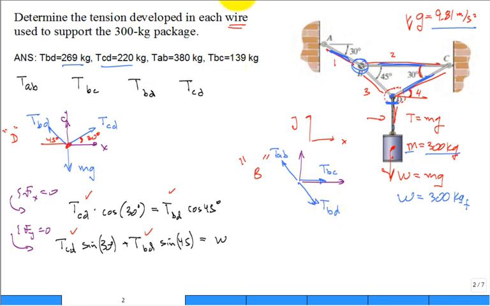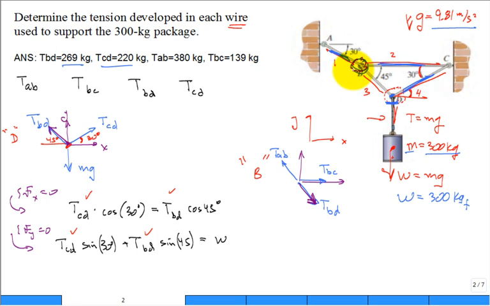Somebody looks at this and says, something's wrong. Because look, you had the tension in B to D, you're showing it going down. But over here on this other, you showed it going up. Which way is it? What happens is you isolate and draw a free body diagram for ring B and you cut it.